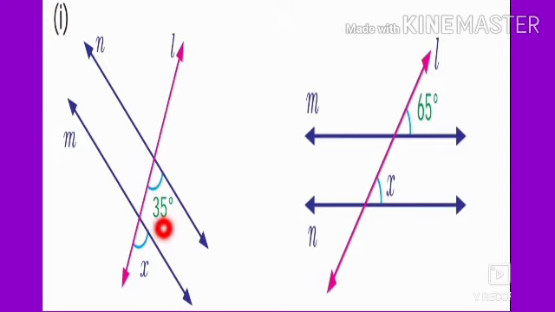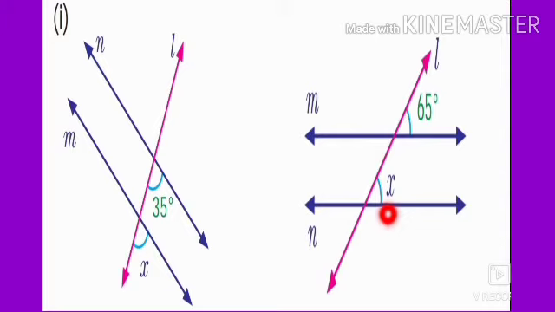So since X degree and 35 degree are corresponding angles, they are equal as we know earlier. So X degree is also equal to the measurement of this angle which is 35 degree.